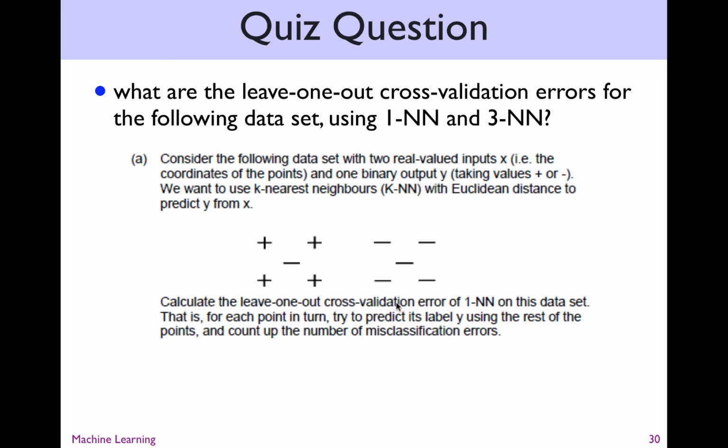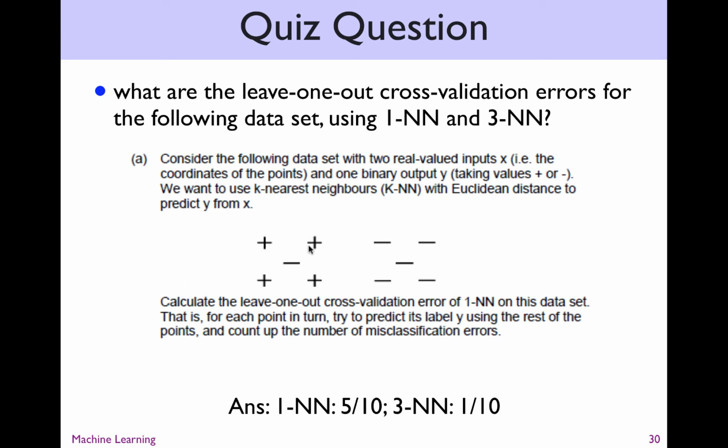And the answer is 0.5 for 1 nearest neighbor and 0.1 for 3 nearest neighbor. Why? Because in 1 nearest neighbor, each of these 5 points will be labeled incorrectly if it's used as the held out set.